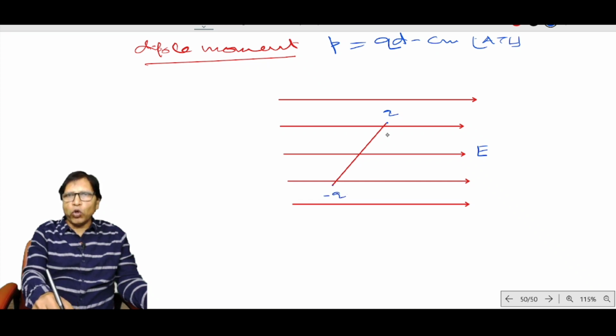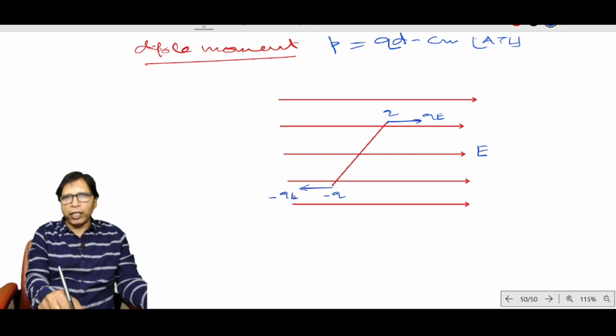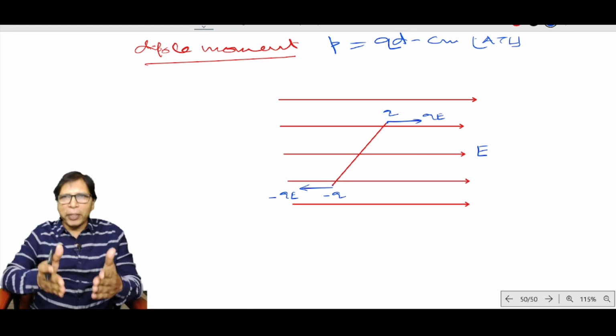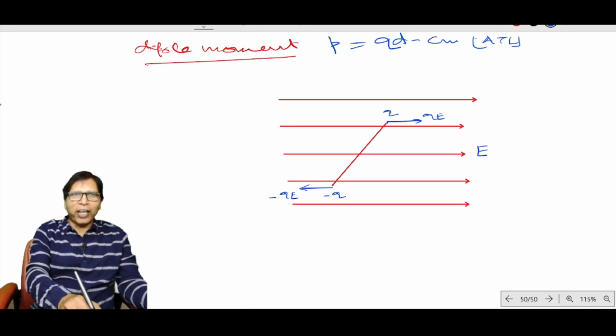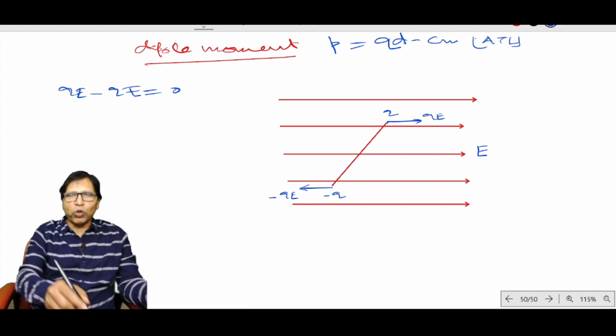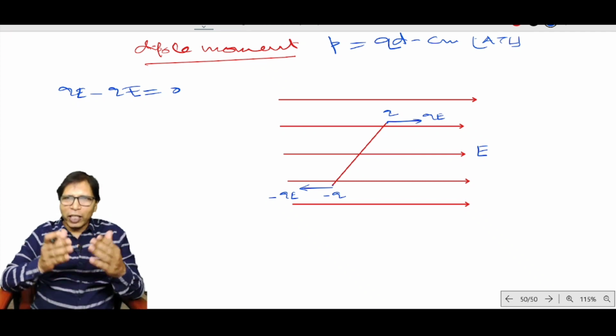The force experienced by the positive charge is QE along this direction and the force experienced by the minus Q charge is along this direction, this is minus QE. So in a uniform electric field, the net force on the dipole is QE minus QE equal to 0.